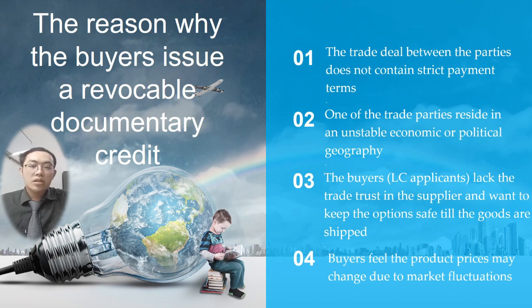The third is the buyer lacks trade trust in the supplier and wants to keep the option safe until the goods are shipped. And the last is the buyer feels the product price may change due to market fluctuation.